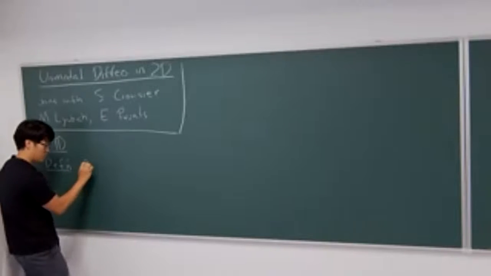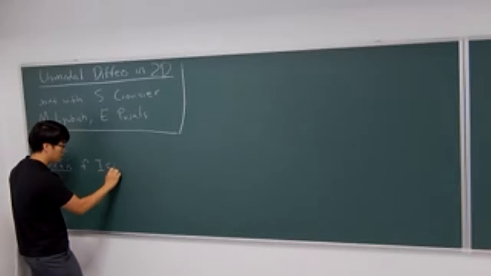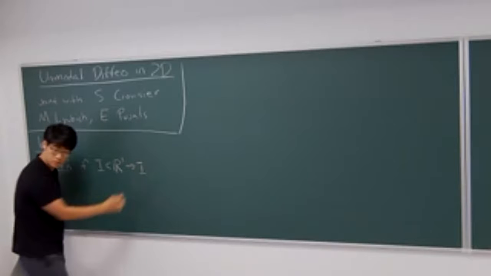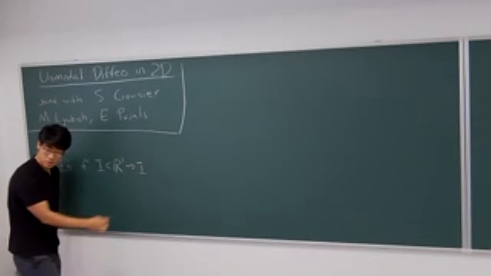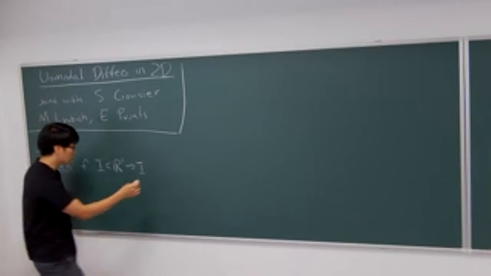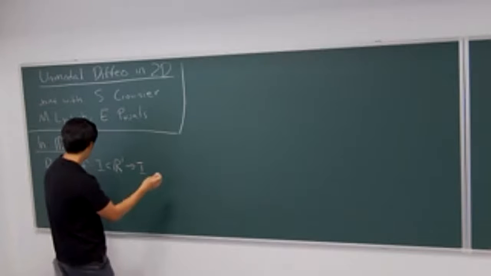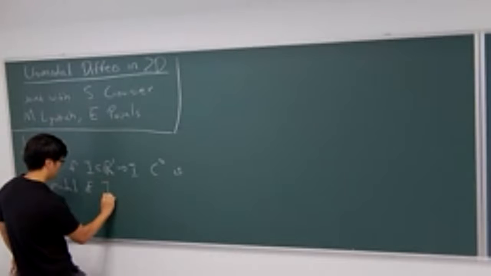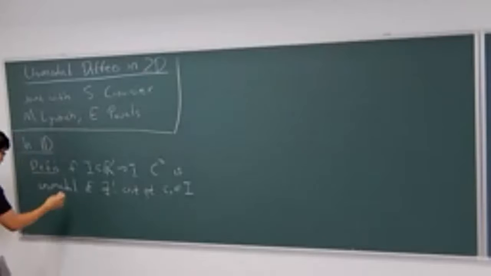So F, which maps from an interval I into itself, which is C2, is unimodal if it has a unique critical point, C naught, inside of I, and for simplicity, let's say it's of quadratic type, although it can be other.